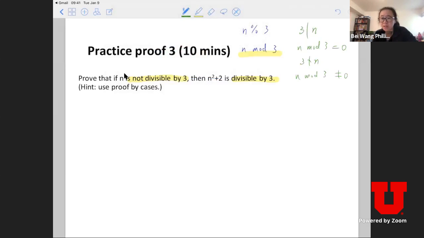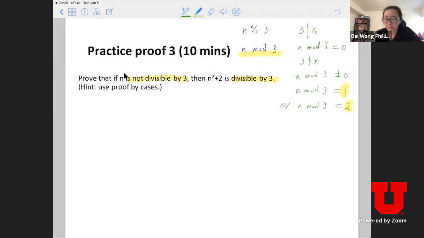But what are the possibilities? It means either n mod 3 is equal to 1, or n mod 3 is equal to 2. What does that mean? If n is not divisible by 3, then when it's mod 3, its remainder is either 1 or 2.